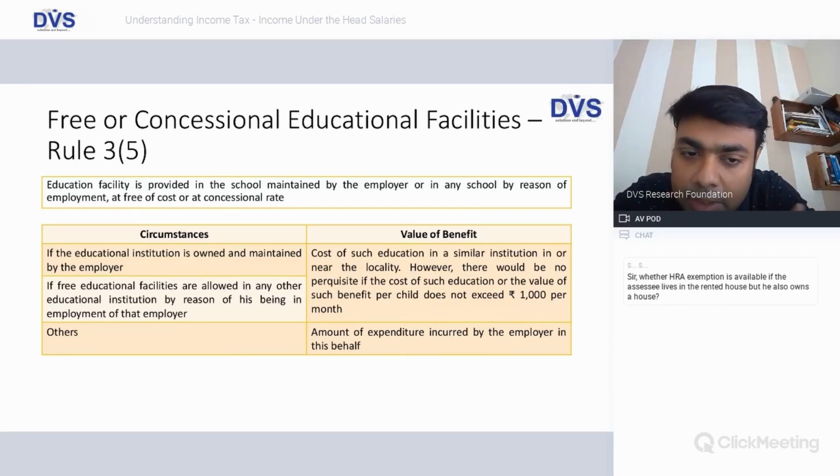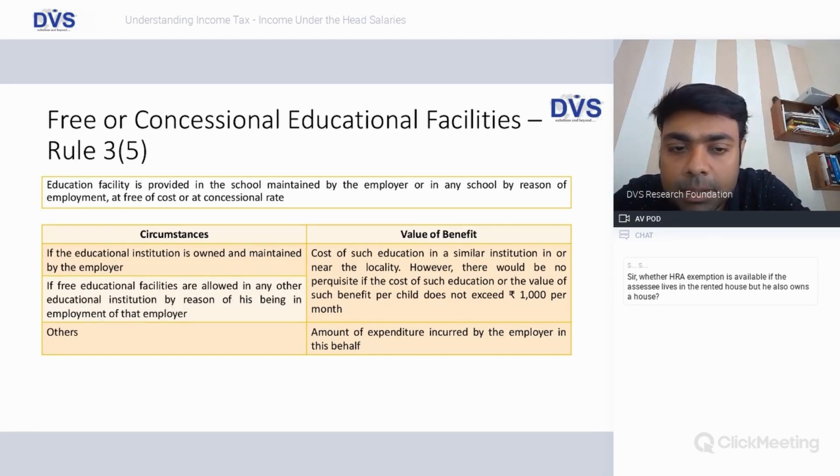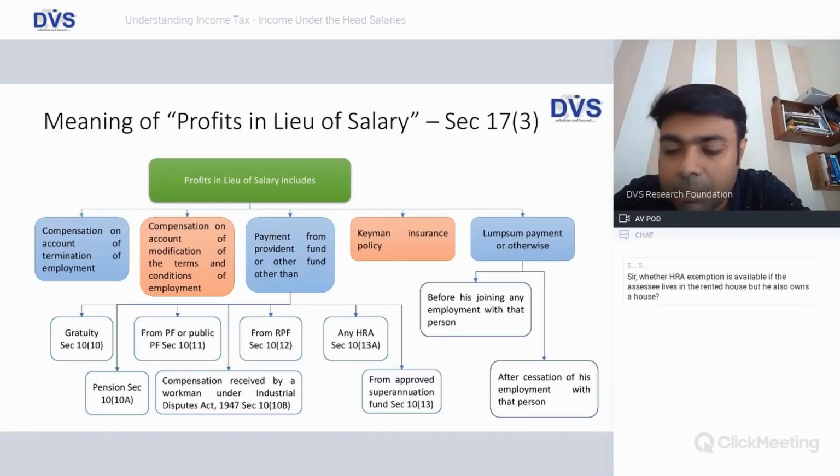If it exceeds 1,000, the entire amount will be taxed. And any other case where, let's say, the facility is not owned or affiliated to the employer, but the employee spends for the kids' education in some school and gets it reimbursed, in such cases the amount of expenditure incurred by the employer in this behalf shall be fully deemed as a value of taxable perquisite.